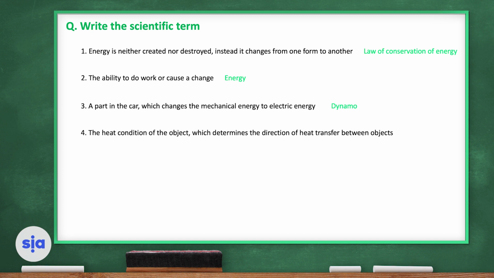The heat condition of the object, which determines the direction of heat transfer between objects. This is temperature. The heat transfer from hot to cold when two objects touch each other. Which kind of heat transfer is this? This is conduction.